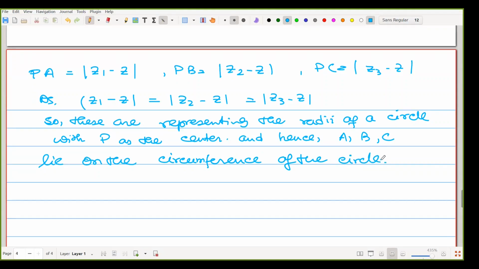Simply the diagram defines all the things.